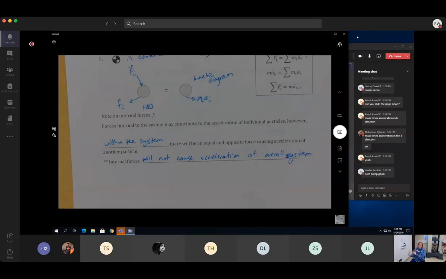Muscle forces acting on their arm are going to cause their arm to move. But that's not actually going to change the trajectory of their center of mass. Does that make sense? Yeah, okay. Thank you.